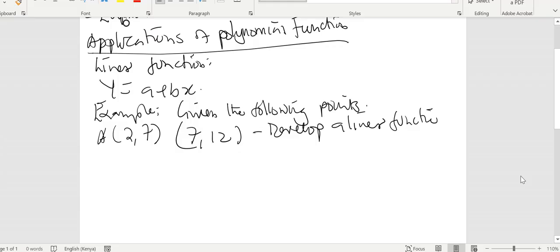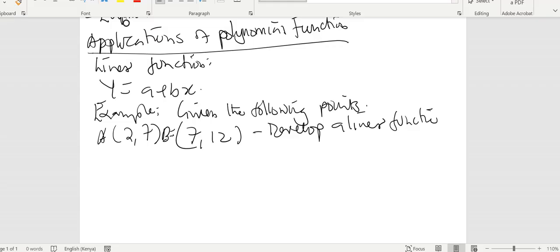Yes. Or you are given the points here, point A (2, 7) and point B (7, 12). So I want you to form a linear function.